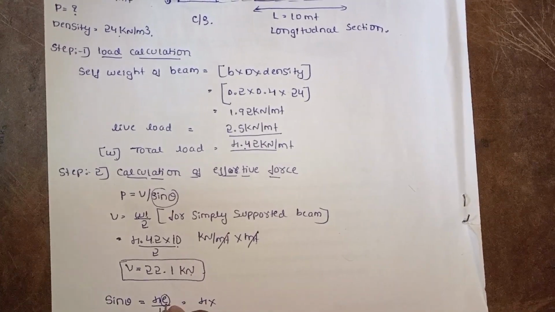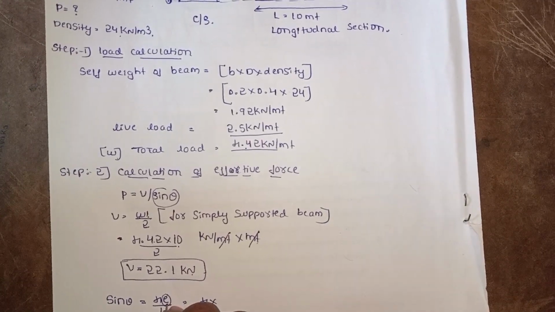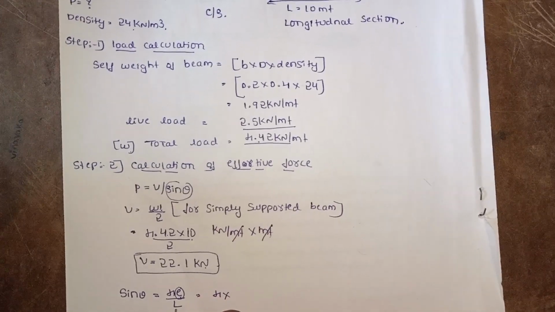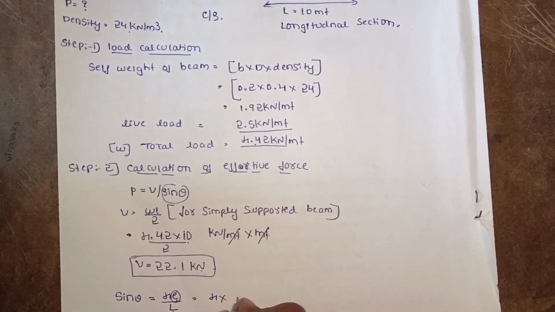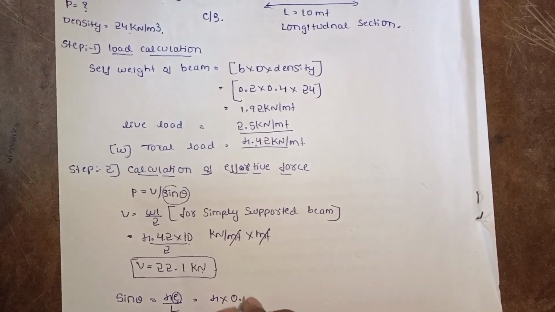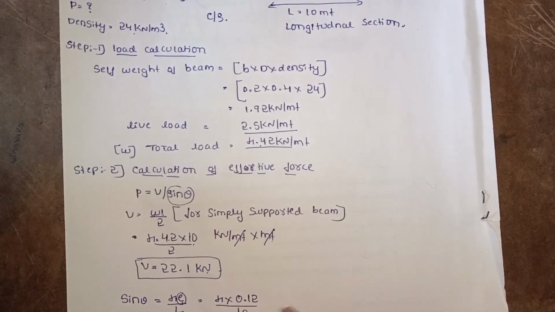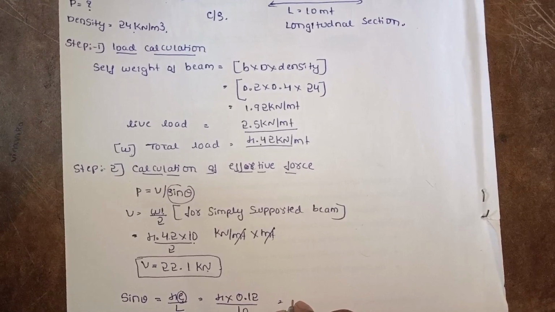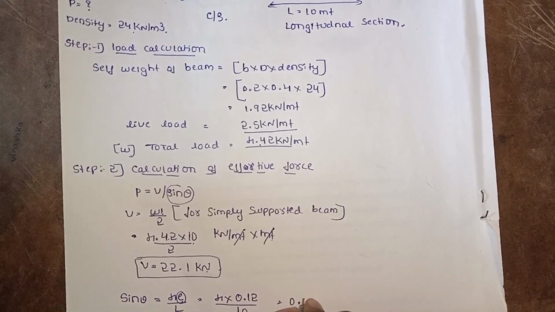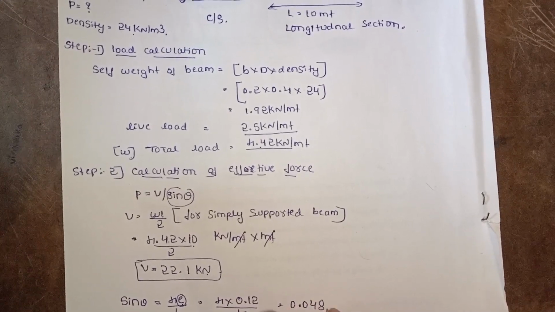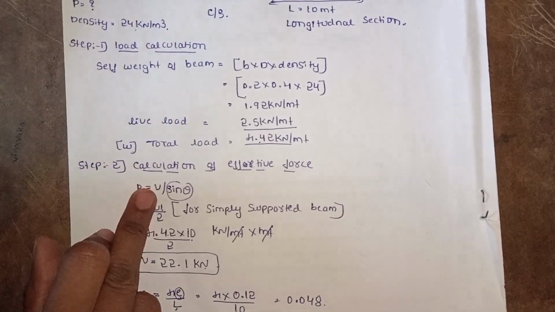So E, 120 mm, is converted into the meter because L is in terms of meter. So 120 mm means 0.12 meter divided by L is 10 meter. Okay, we got sin theta as 0.048.